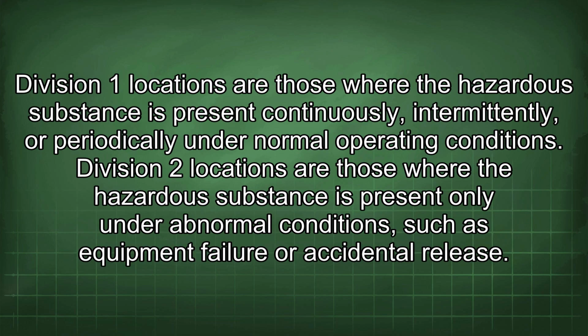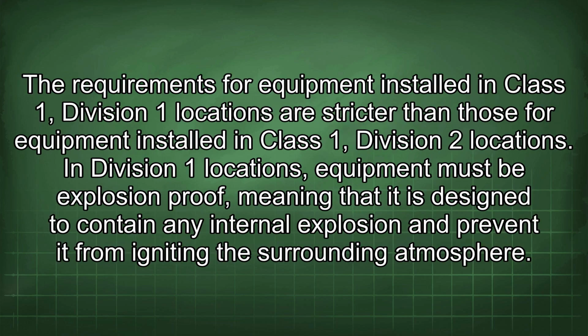Division 1 locations are those where the hazardous substance is present continuously, intermittently, or periodically under normal operating conditions. Division 2 locations are those where the hazardous substance is present only under abnormal conditions such as equipment failure or accidental release. The requirements for equipment installed in Class 1, Division 1 locations are stricter than those for Class 1, Division 2 locations.